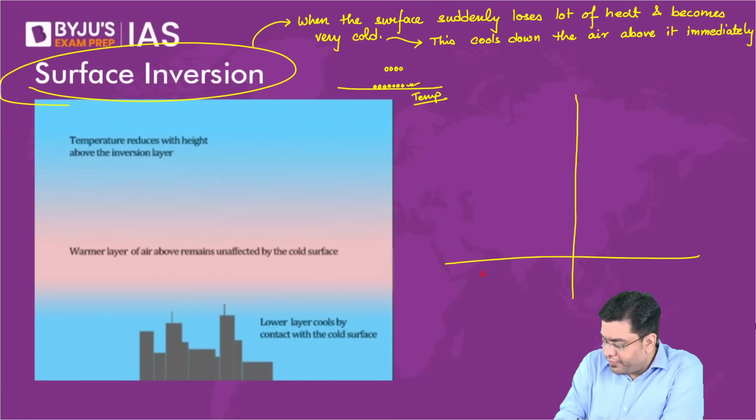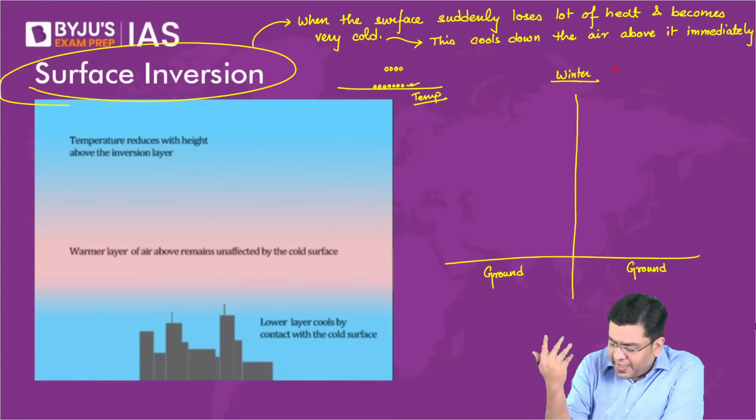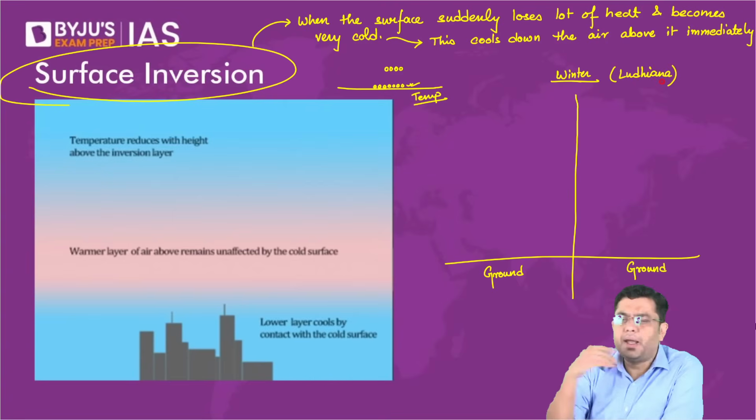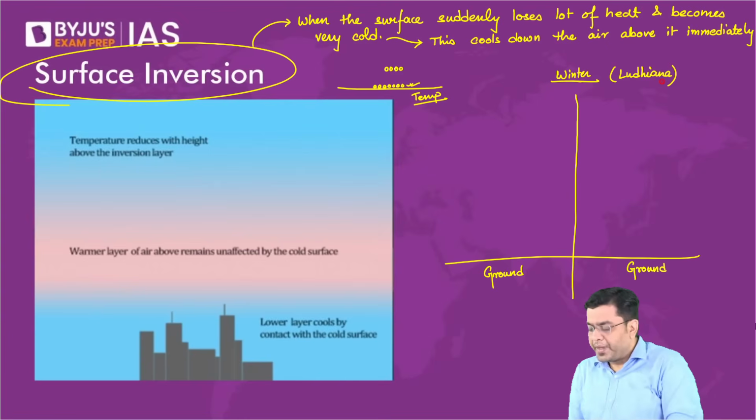Let us consider the ground surface. And that is during the winter. Now let's consider a region such as Ludhiana or Chandigarh, Ambala or Delhi, any place where you actually experience the winter.